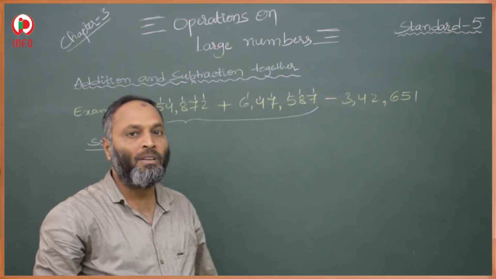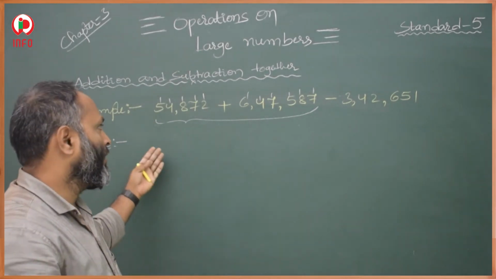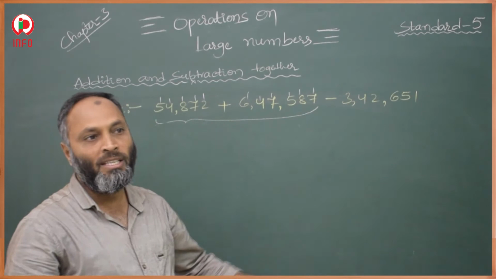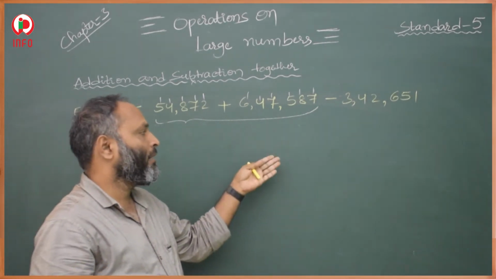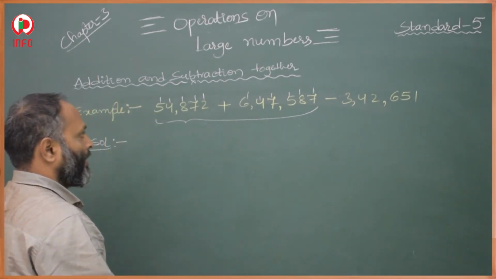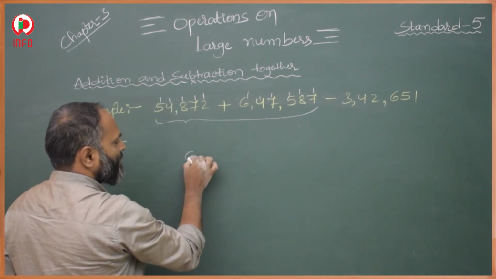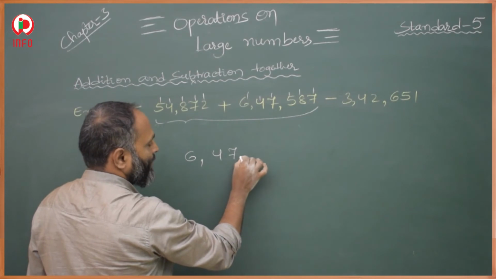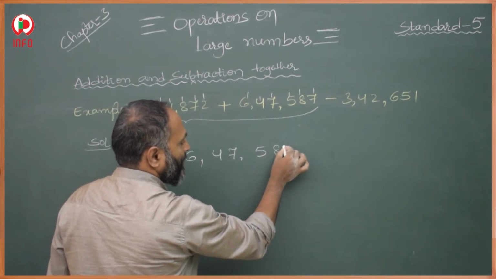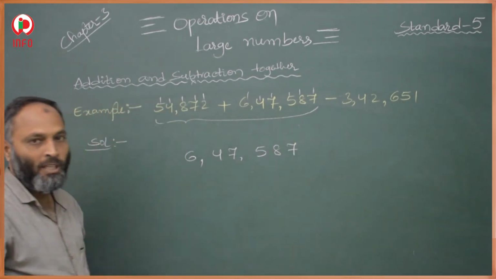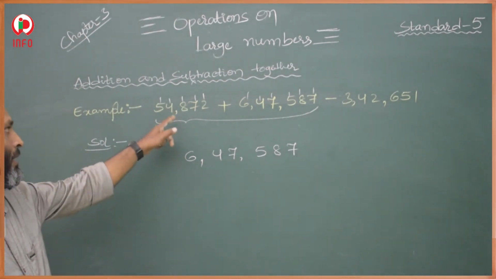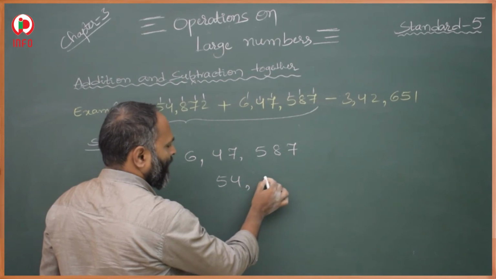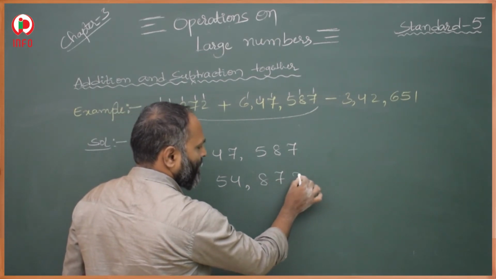It is better to take the bigger number first. Otherwise, if you take the smaller, that is your wish. But it is very convenient and easy if you write the bigger number first. What is the bigger number here? This one, 6,47,587. Then after that the smaller number, 54,872.